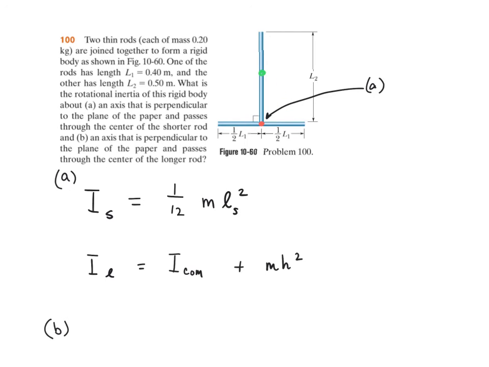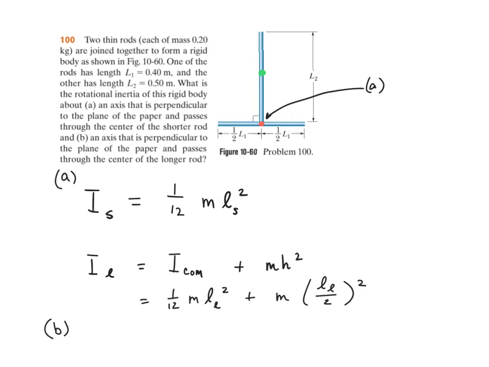Now, the I value about the center of mass for a thin rod is this formula, but instead of L_S, we're going to use the length of the longer rod. So this becomes 1/12 m, the length of the longer rod, squared, plus m times half the length of the longer rod, squared.